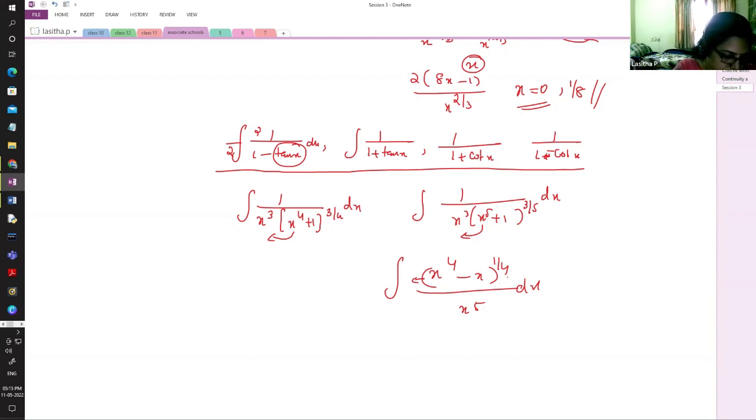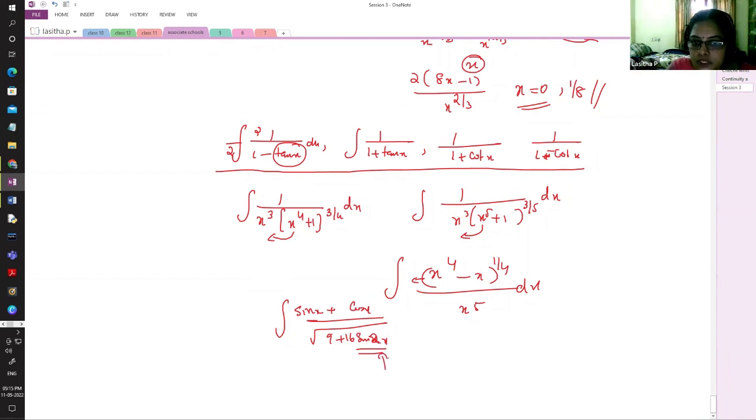So these are the things. There are also some questions where sin 2x comes in the denominator. I'm not getting that here now. Like this one question, a lot of questions are there where sin 2x is involved, divided by root of 9 plus 16 sin 2x. So sin 2x will be part of the denominator somewhere. That sin 2x substitution and replacement, that kind of questions you can implement at a stretch.